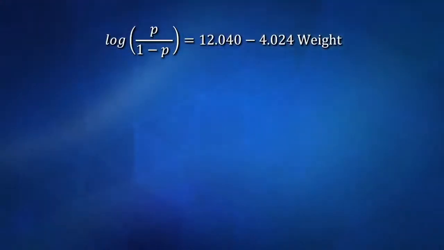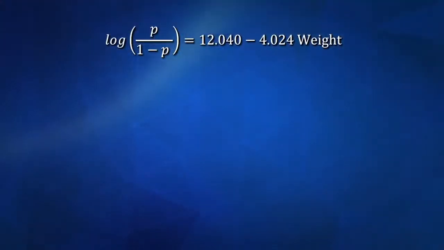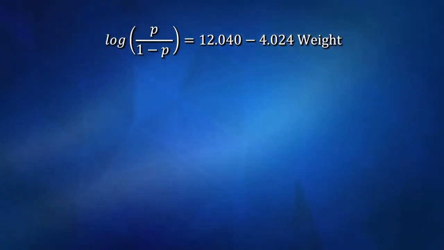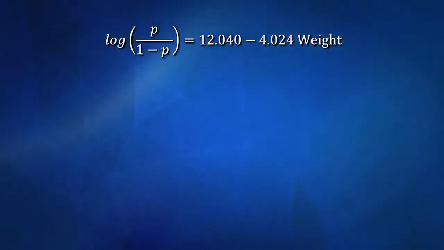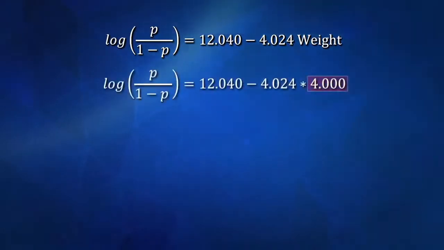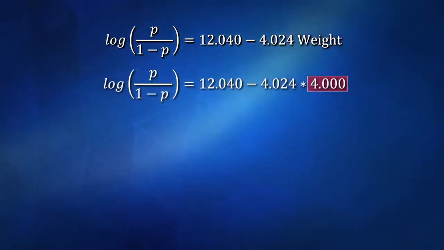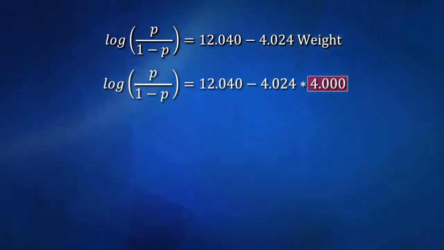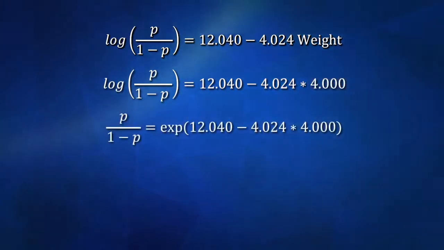So here's where we start. Let's calculate the probability of having a manual transmission when the car weighs 4,000 pounds. In this case, we would just plug in a weight of 4, but we want to solve for that p, that probability. If I want to get rid of the log, one way to do that is to take the exponential of both sides.